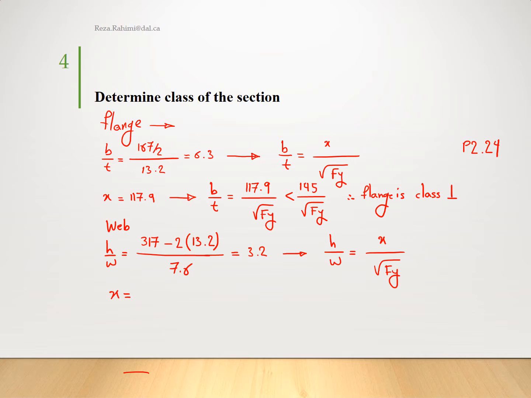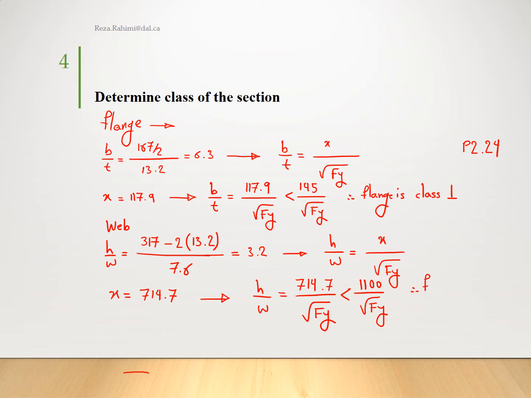X will be equal to 714.7, and then if we look at the table, P224, H over W is equal to 714.7 over square root of Fy, lower than 1100 over square root of Fy.